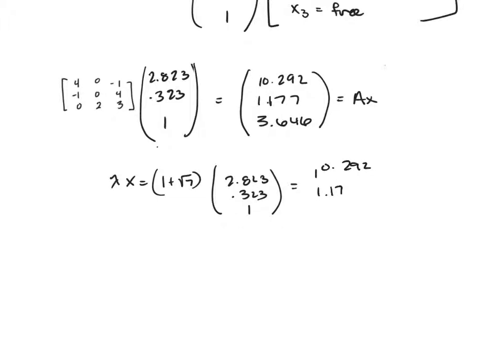Oh, and that was true. I got that too. And then I got 3.646. So this and this, or Ax and lambda x, match. So I feel pretty confident about my eigenvalue and my eigenvector at this point.